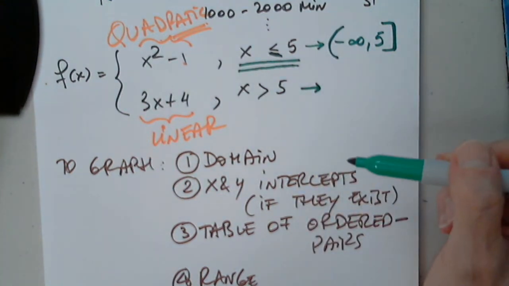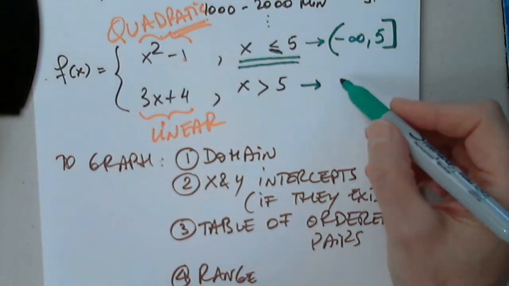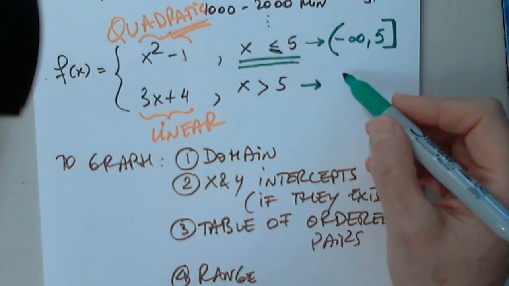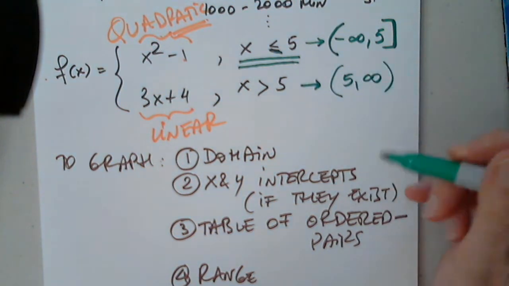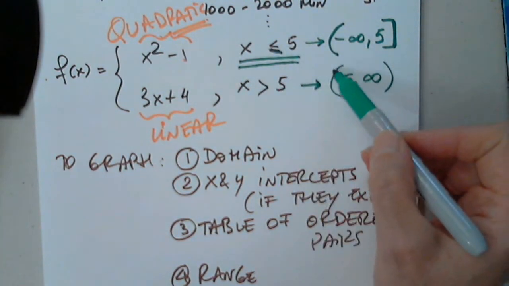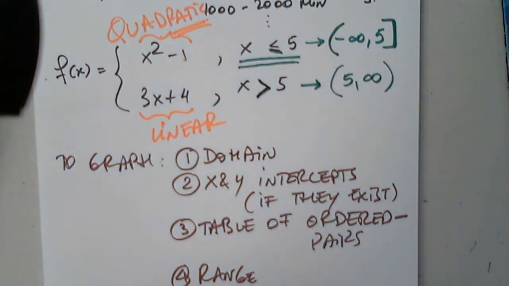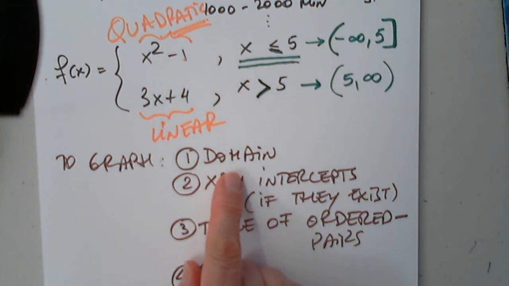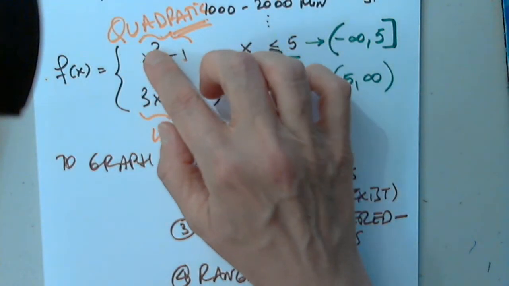And this one? It'd be parentheses 5 and then infinity. Excellent. Great. Parentheses. Thank you. So this parenthesis signifies no equal symbol. Good. I'm still working on the domain. Now, this piece is for this function.